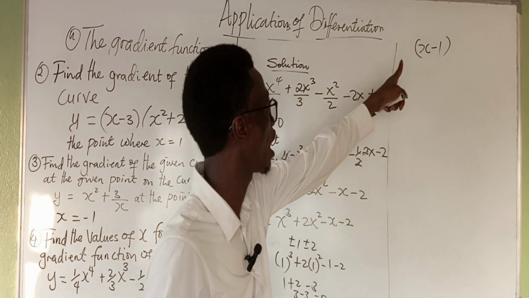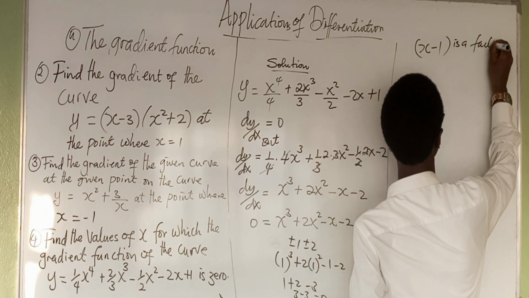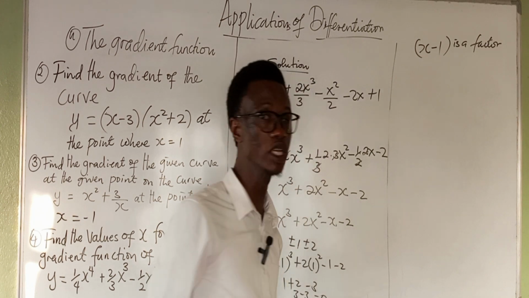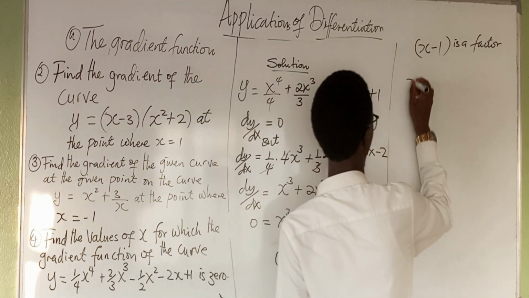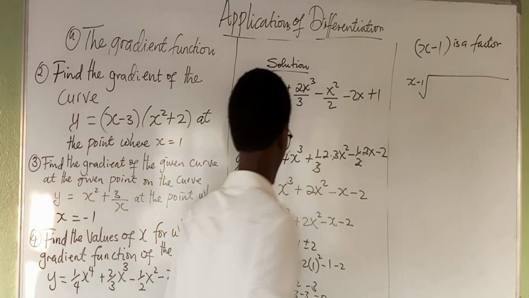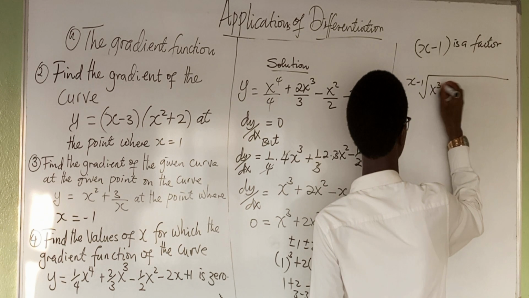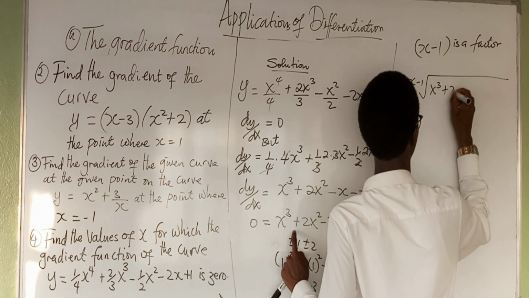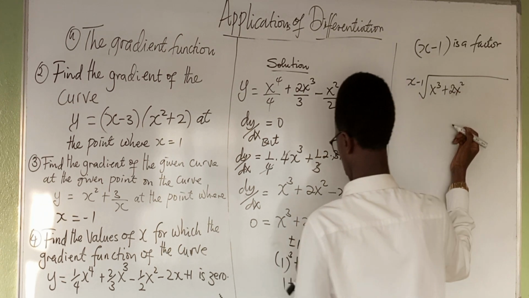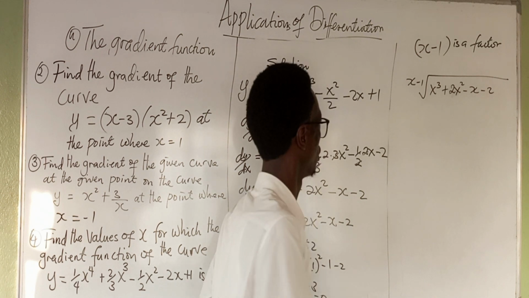So now that we know x minus 1 is a factor of this, we are now going to use the long division by putting x minus 1 outside the bracket and putting this one inside the bracket, which is x cubed plus 2x squared minus x minus 2.